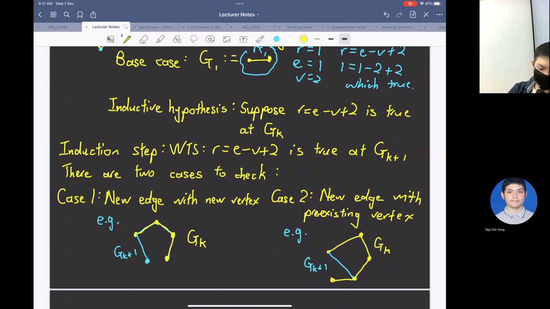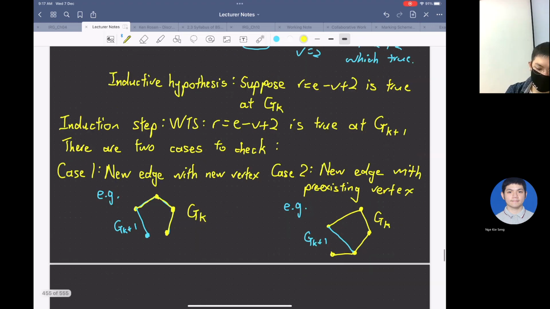For these two cases, you need to check that the formula holds as well. So we need to relate the R before and after adding, so RK plus 1 and RK. What's the number of regions before and after adding an edge? After adding an edge, do you increase your number of regions? No, right? So RK plus 1 is equal to RK.